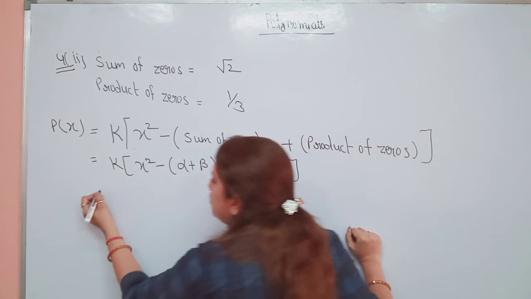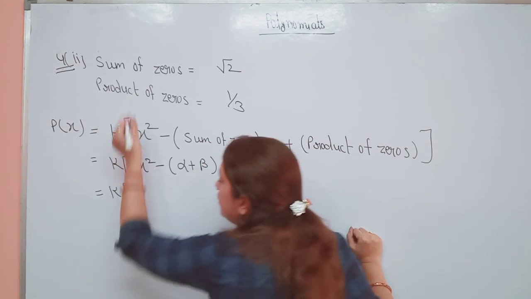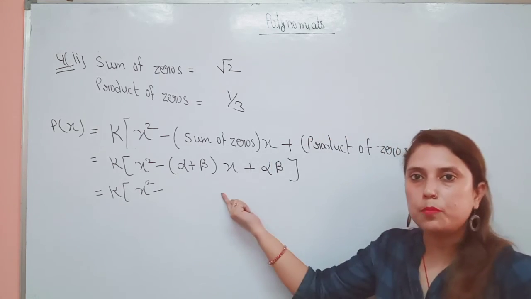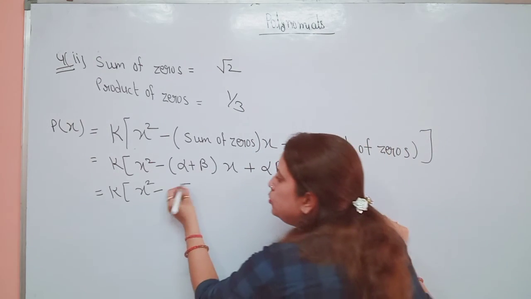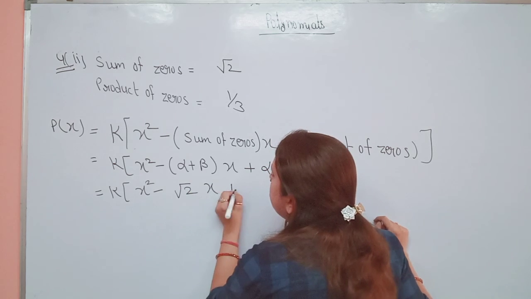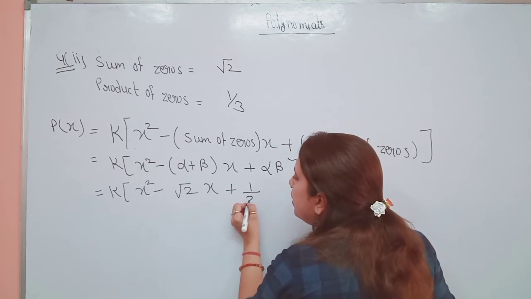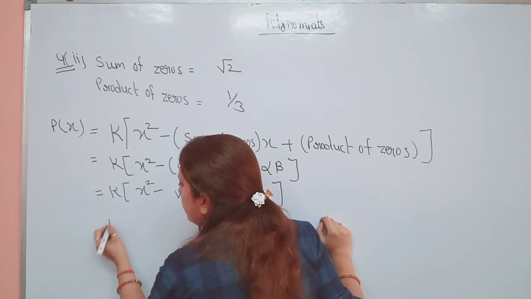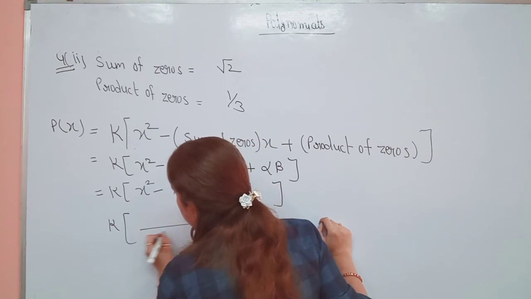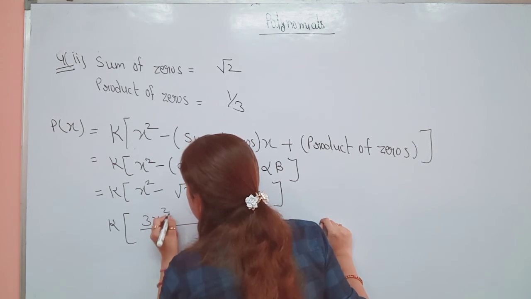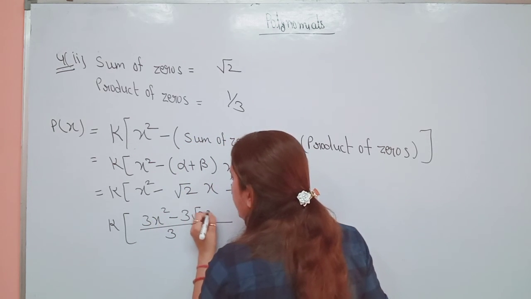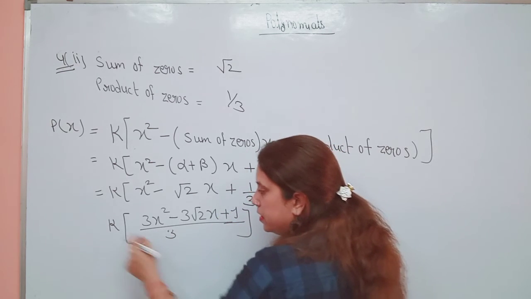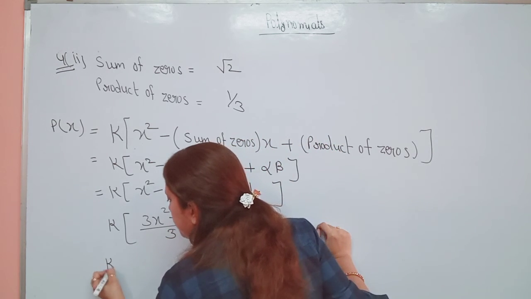Again put the values. Values are given in the question. x square minus alpha plus beta, which is given as under root 2, x plus alpha beta is given 1 by 3. Now we can take the LCM. k by 3, 3x square minus 3 root 2x plus 1, and with the constant we can take outside k by 3.